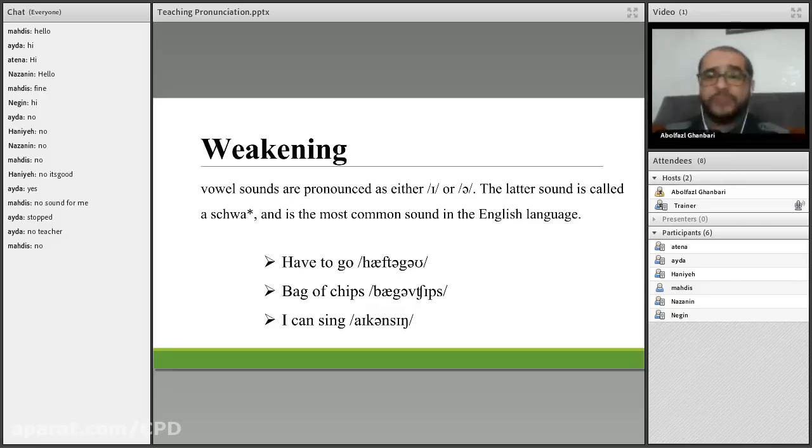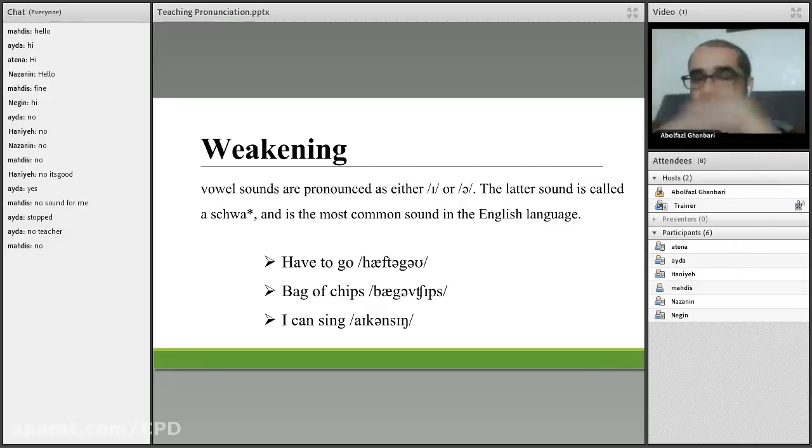We have some terms here, actions we do while we want to read a sentence, and they are related to connected speech for de-stressing function words and stressing content words. The first one is weakening.